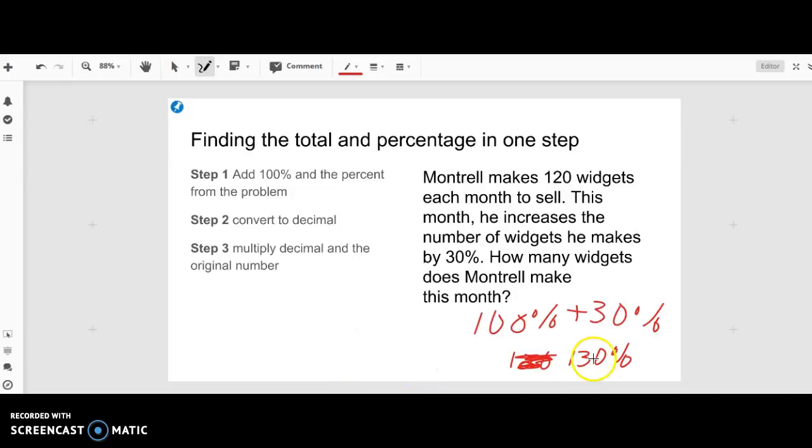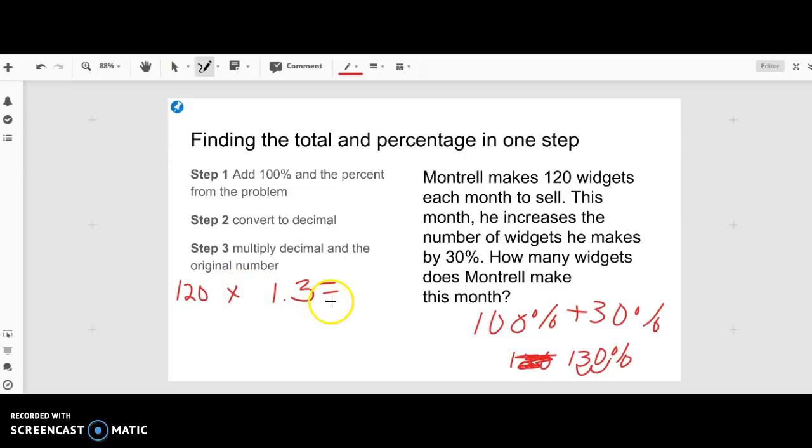So let's convert that to a decimal by taking our decimal point and moving it 2 spots over. So he is making 1.3 times as many widgets. So he started with 120 widgets, and he's making 1.3 times as many widgets.